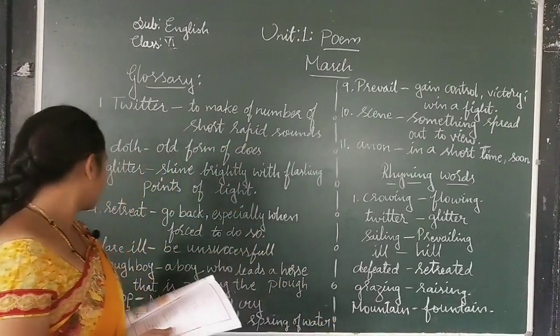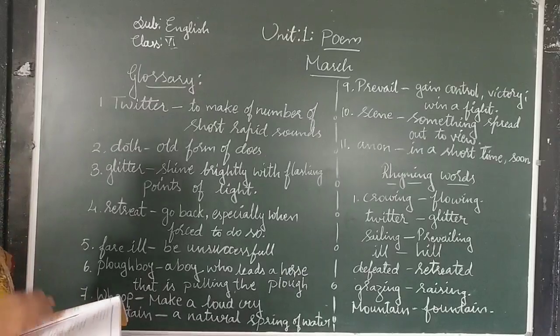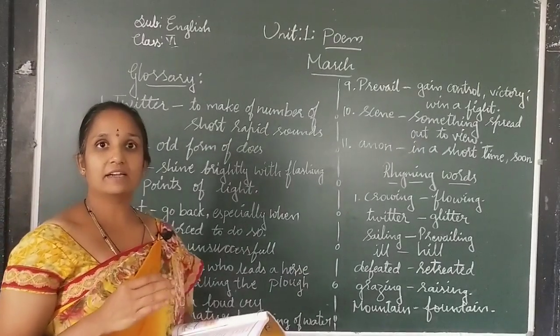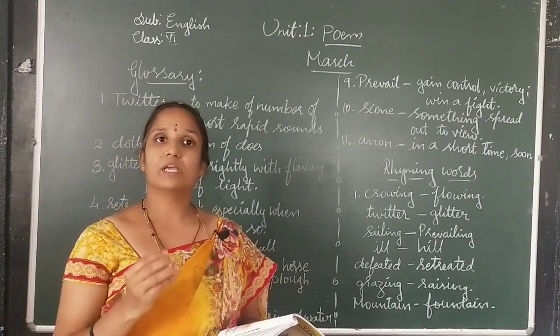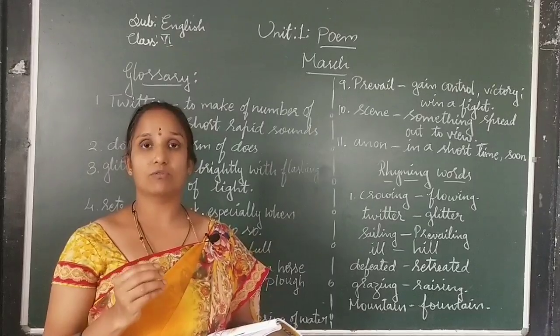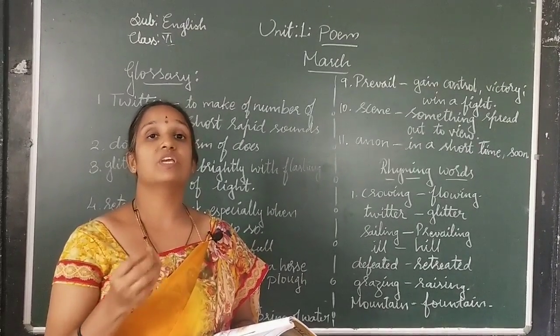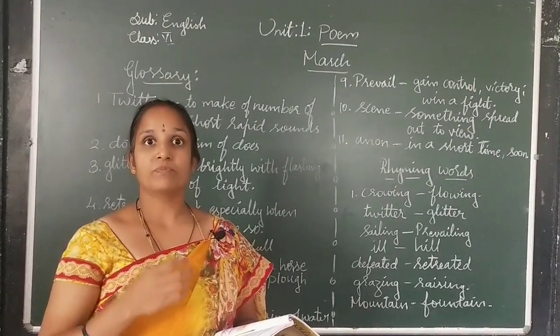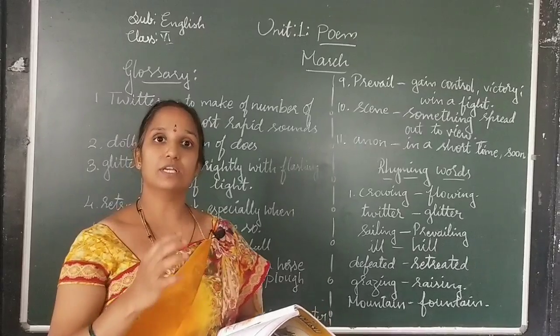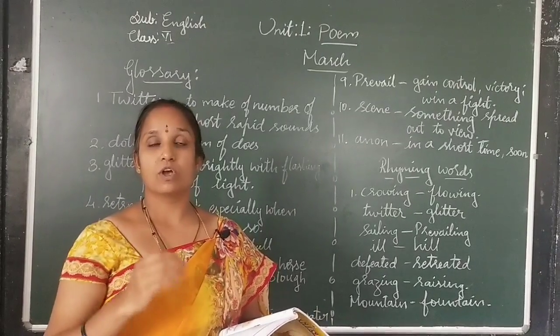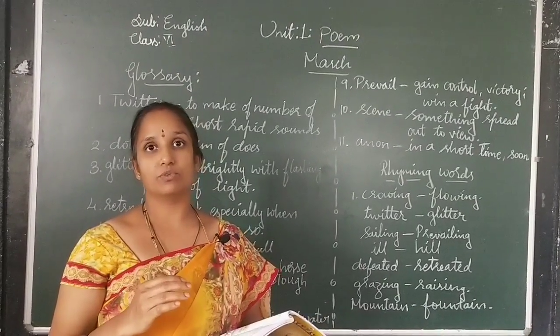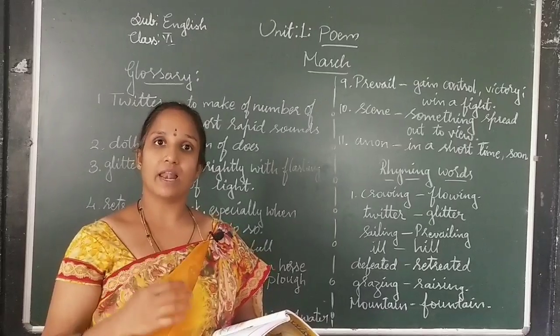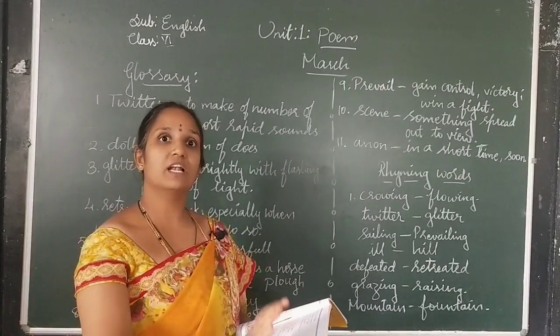What is a cattle? Here the cattle means buffaloes, cows, the animals which we rear in our house, which are helpful in our field work. What will these cattle do? The cattle will help us to plough the land.